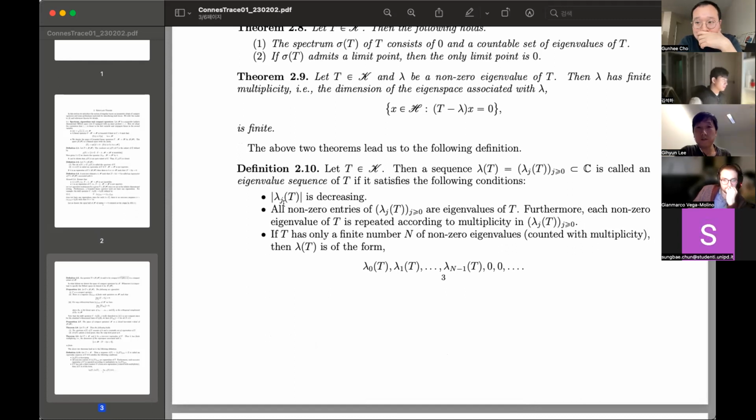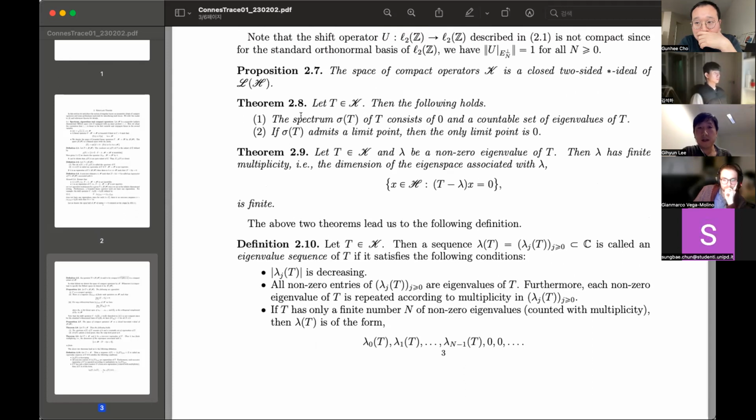Based on these two theorems, we can obtain a very nice sequence from any compact operator. As the spectrum set of the compact operator forms a countable set of eigenvalues, we can arrange it in this order, where the absolute value of the sequence is decreasing.